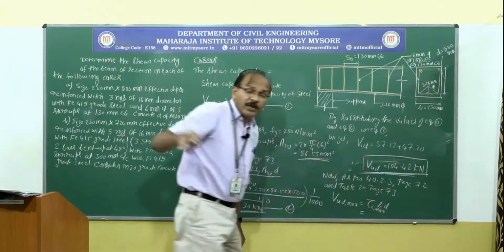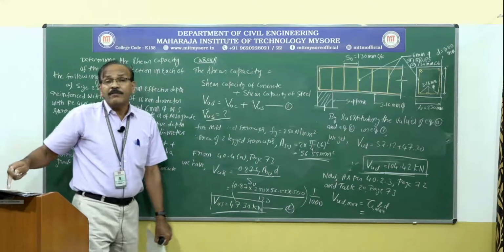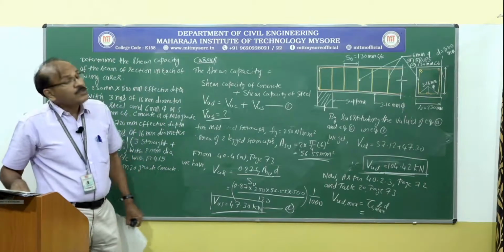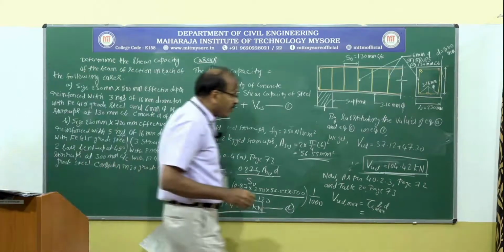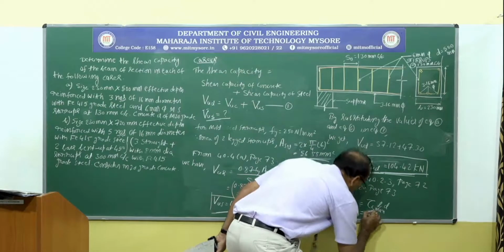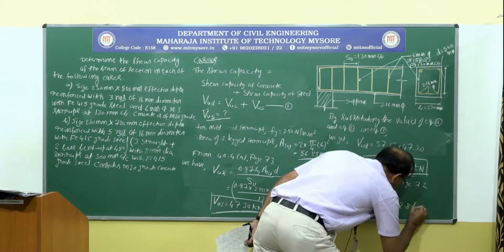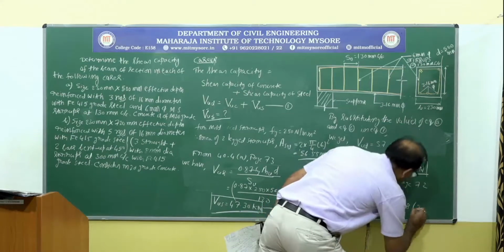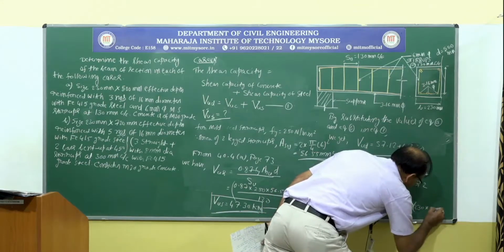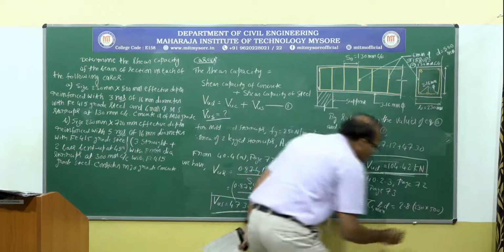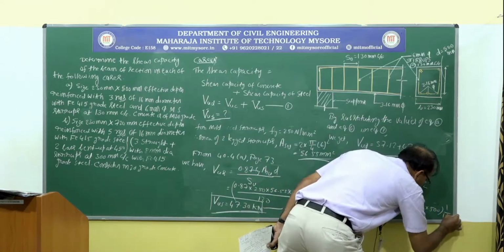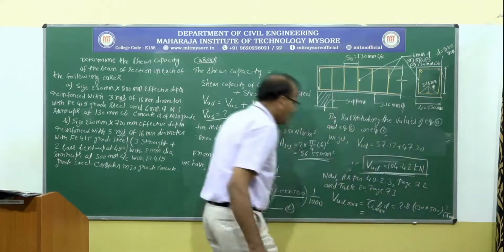So for M20 concrete, if you look at the table 20, it is 2.8 Newton per millimeter square. That is 2.8 multiplied by 230 multiplied by 500. I am going to convert the value into kilonewton by dividing it by 1000. Okay.